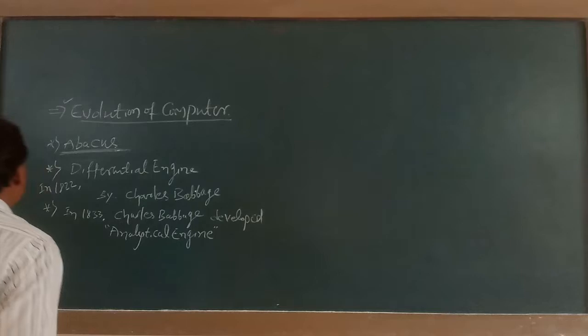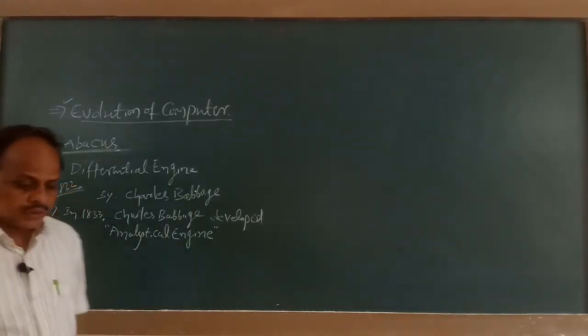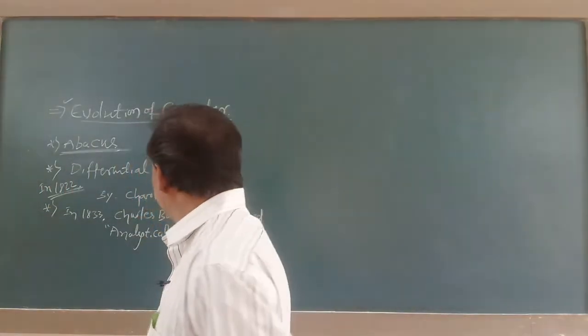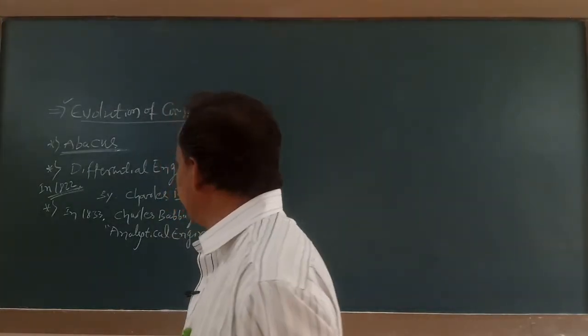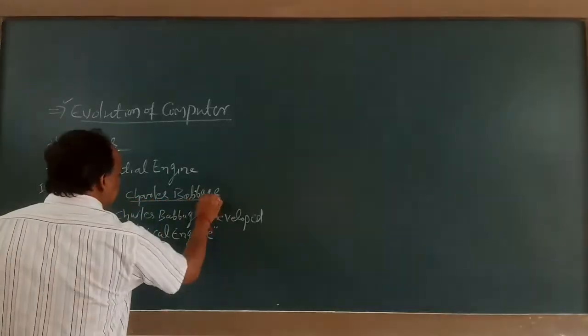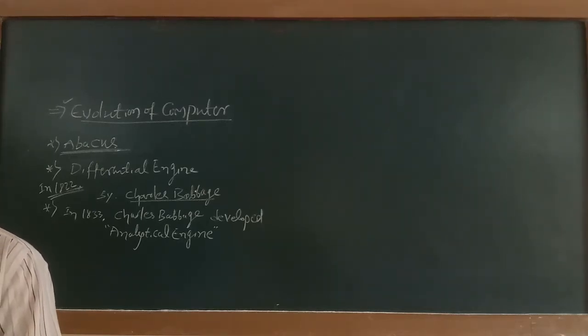So next, in 1822, a differential engine was developed by a person called Charles Babbage. Charles Babbage introduced a machine called differential engine.